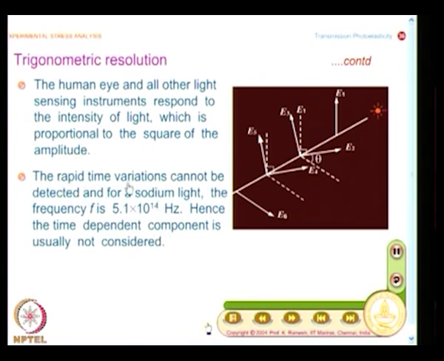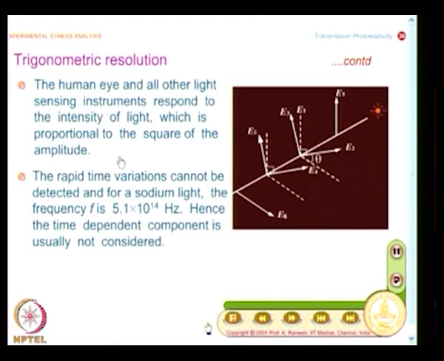You have rapid time variations which cannot be detected, and for sodium light we have the frequency as 5.1 into 10 power 14 hertz. So, you do not perceive the time dependent component, and you are sensitive only to the intensity of light transmitted, and the intensity of light transmitted is the square of the amplitude.